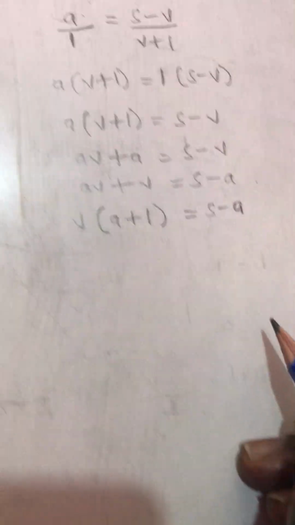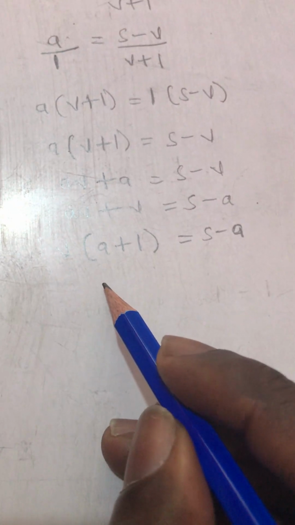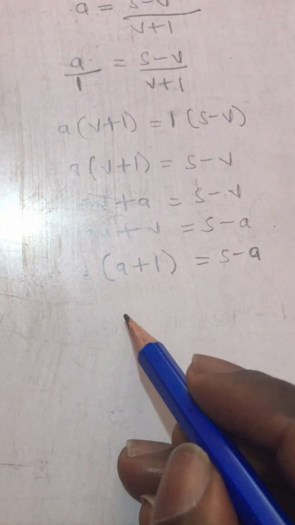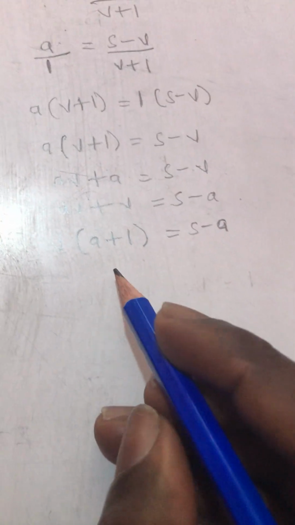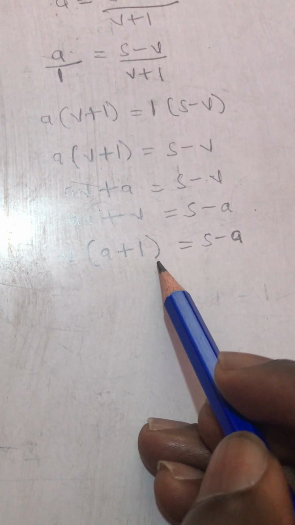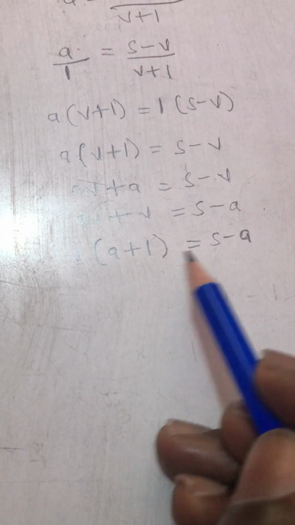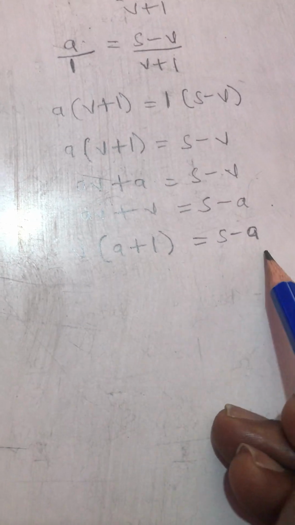So here we want to make v the subject of the relation, so we basically have to let v stand on its own, and in doing so we have to cancel out a plus 1, right? And whatever you do for the left hand side, you do same for the right hand side.